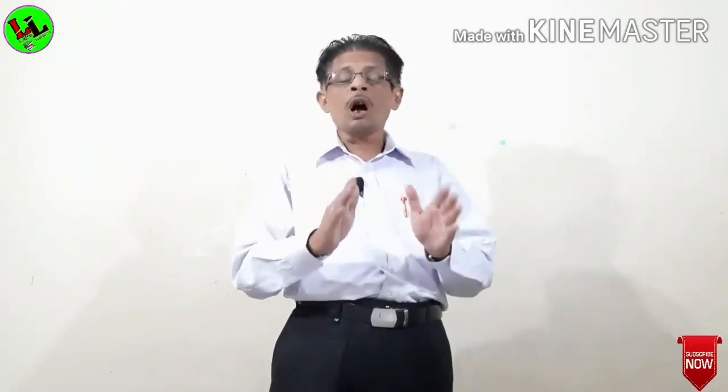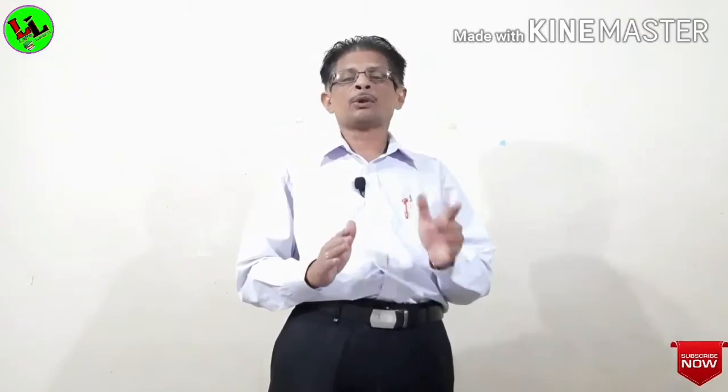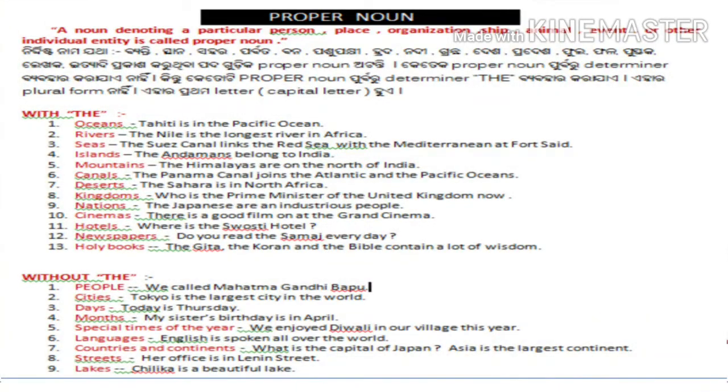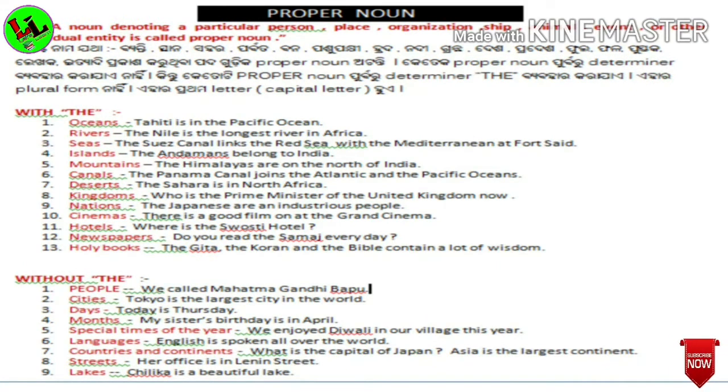Now we will see where we can use the before the proper noun and where we can't. Now you see. Number 1, oceans. Before the names of some oceans. Example: Tahiti is in the Pacific Ocean. Number 2, before the names of some rivers.